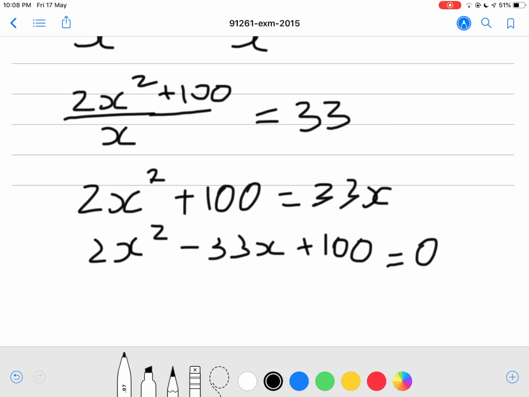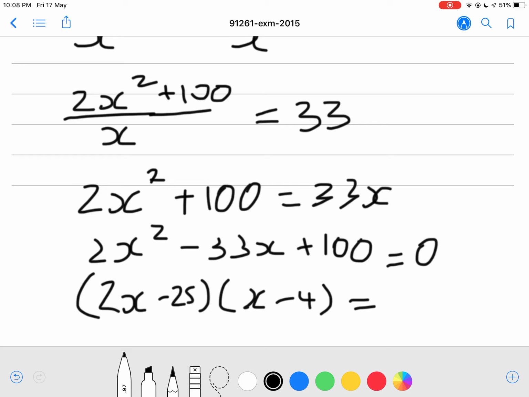Okay, so it has to be 2x and x. I think that has to be 25 and 4, surely. Yeah, it's 25 and 4, and they're both negative, so negative 25 here, negative 4 here, equals 0.